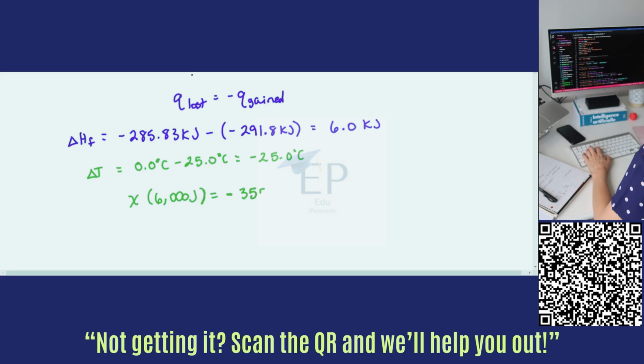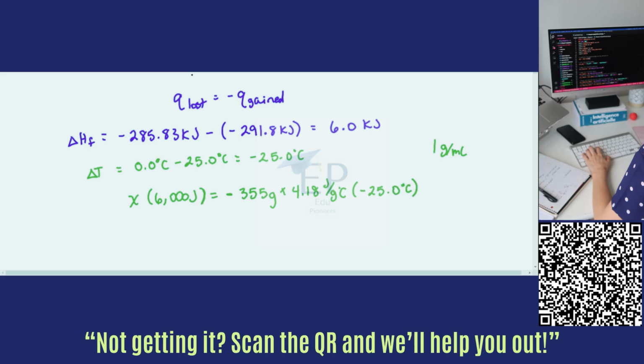The mass of our beverage. They gave it to us in milliliters, but remember, they also told us that the density was 1 gram per milliliter. So milliliters here equal grams, so I just substituted that. Times 4.18 joules per gram degree C times our delta T of negative 25.